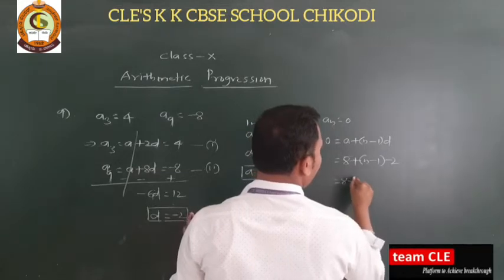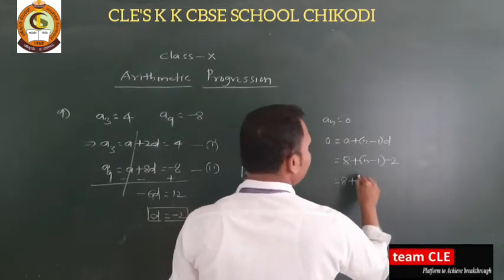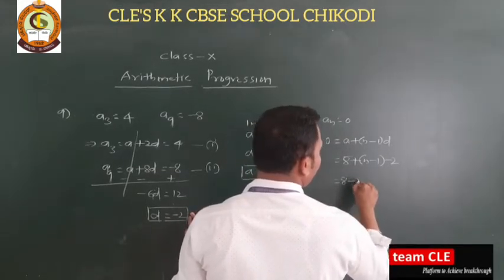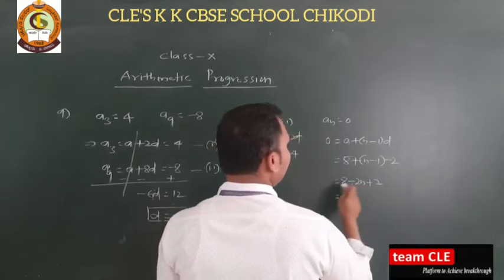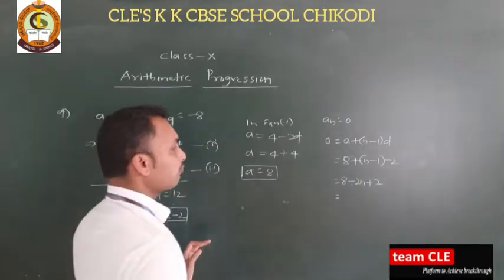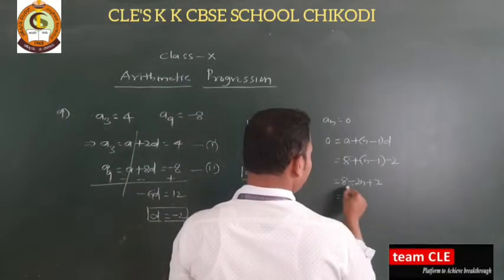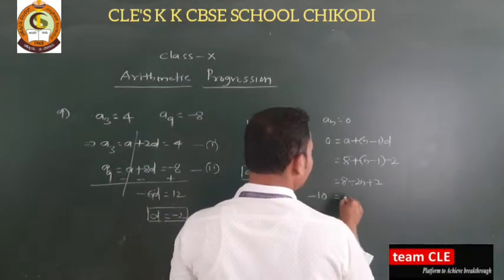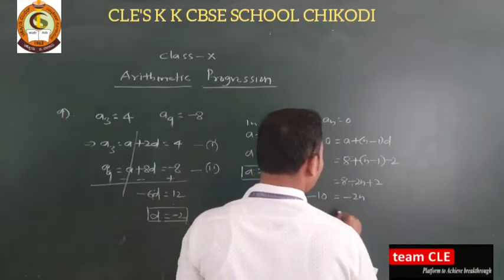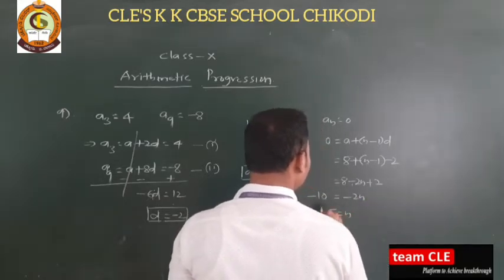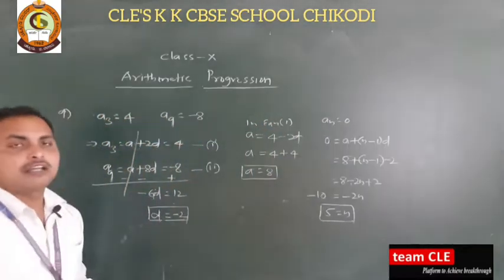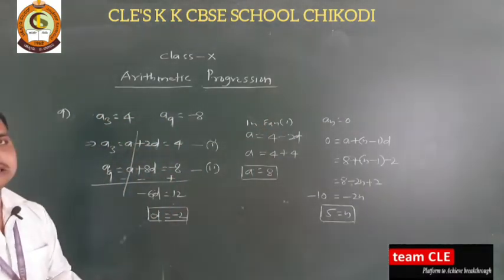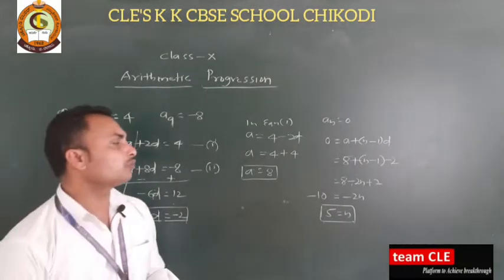Now keep 8 as it is, now this is minus 2n and this is plus 2. Now these two will be 10. So now this is minus 10, I will transfer this side, this is minus 2n, so n is equal to 5. We can say its fifth term is 0. I hope you understood very well.